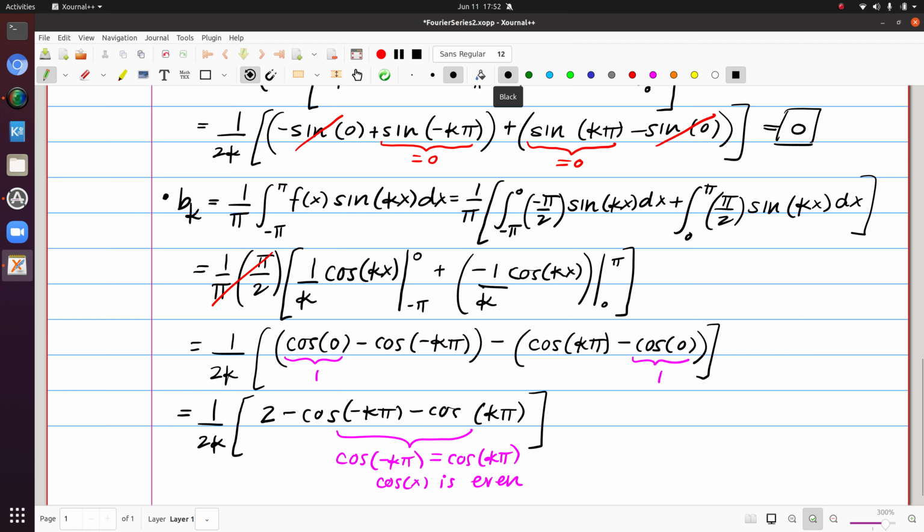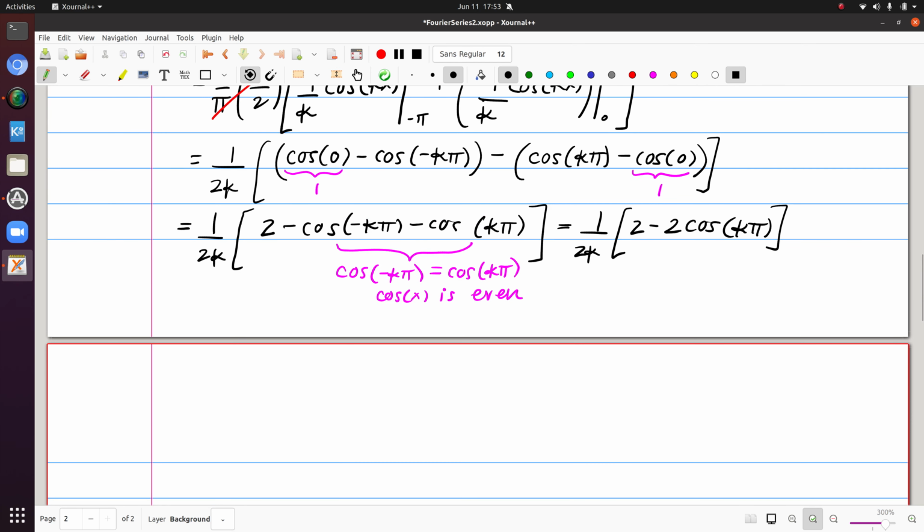So this doesn't mean that they cancel out because they're both being subtracted, but it does mean that I can write this a little bit more succinctly if I just replace this cosine of minus k pi with cosine of k pi. So I could express this as just subtracting 2 times cosine of k pi. So it makes it a little bit easier to think about what's happening here.